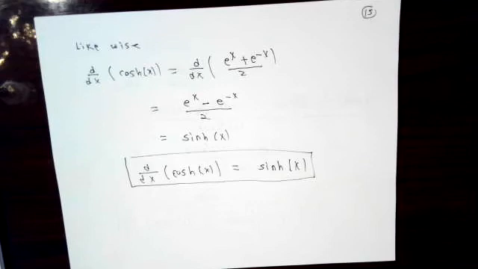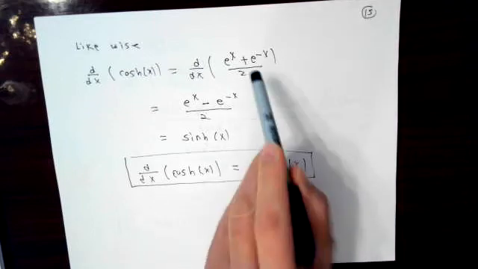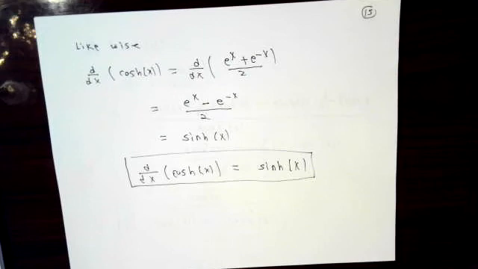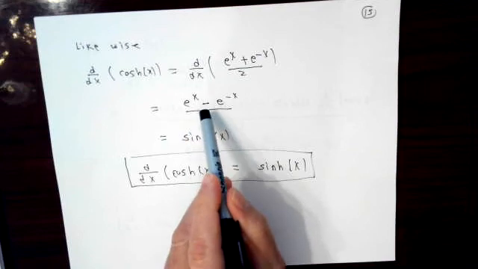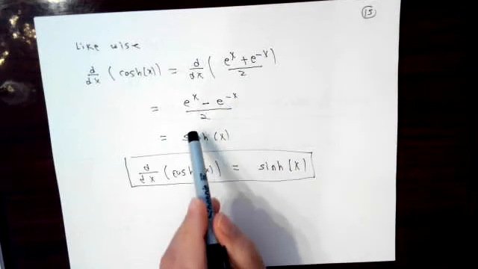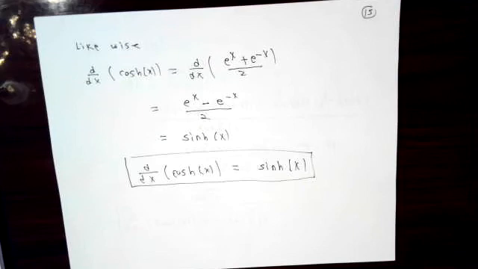The derivative of the hyperbolic cosine is calculated in exactly the same way, except previously I had a minus, now I have a plus. The derivative of e to the x is e to the x. Add the derivative of e to the negative x, which is e to the negative x multiplied by -1, and you'll get e to the x minus e to the minus x over 2, and that's the definition of the hyperbolic sine function.